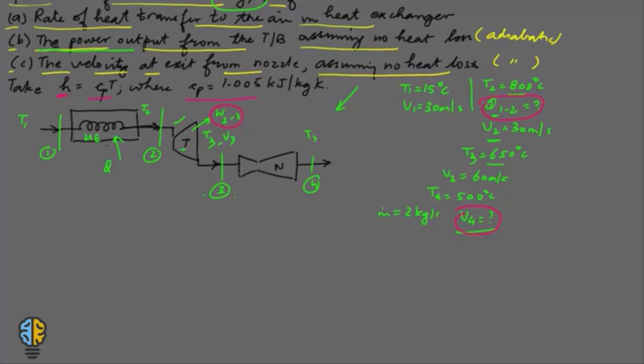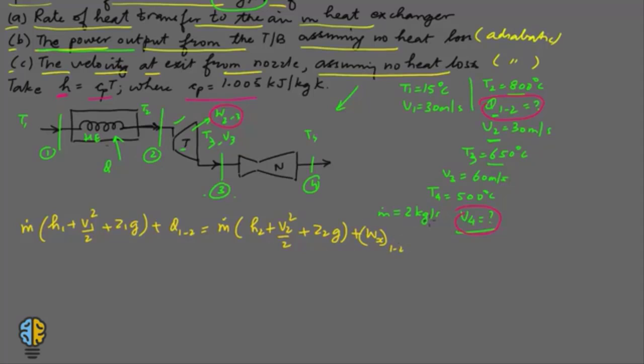Now, how to do this lengthy question? It's very simple. Because we are using a steady flow process, let me write down the steady flow energy equation, that is m dot into (h1 plus V1 square by 2 plus z1g) plus Q12 is equal to m dot into (h2 plus V2 square by 2 plus z2g) plus Wx12.